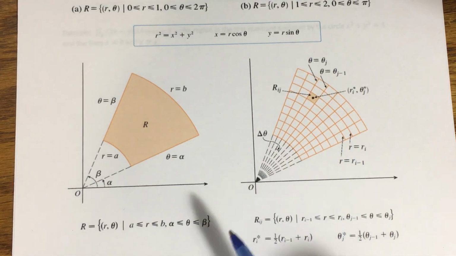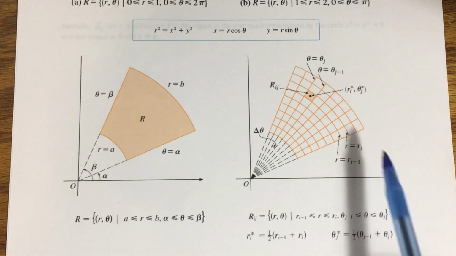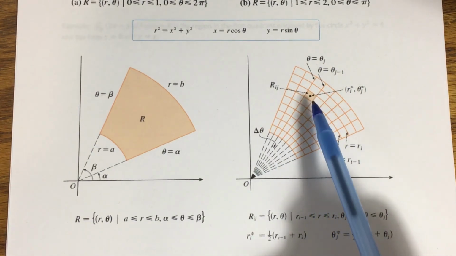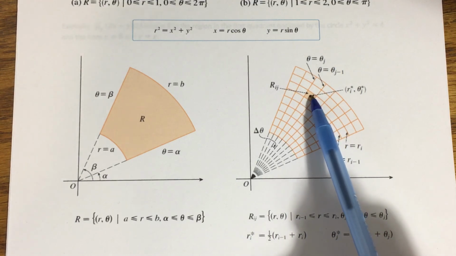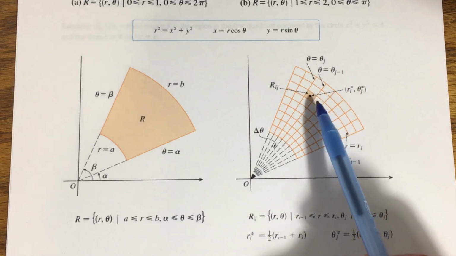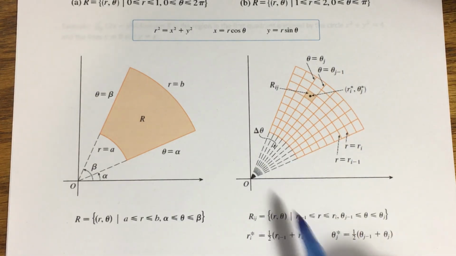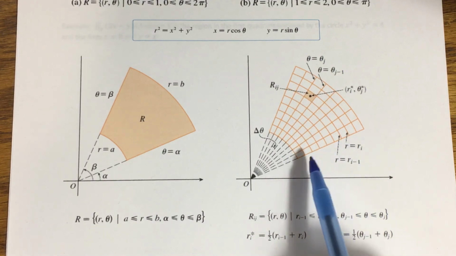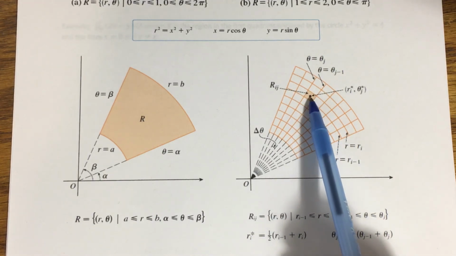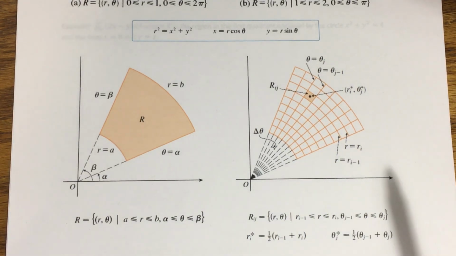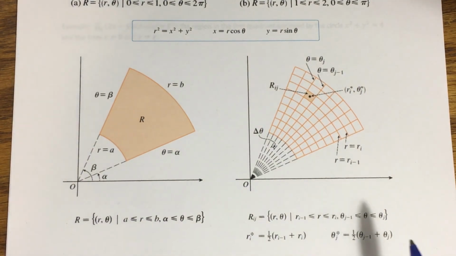If you remember, when we're talking about Riemann sums for double integrals, we take those little rectangles that we found in our grid and pick a sample point in there, which is supposed to then be plugged into our function. For the calculational convenience that's going to come out of this next step, I'm going to select that to be the midpoint of that polar rectangle for each one of these. That's going to make the formula that we use for double integrals in polar coordinates much easier to derive.